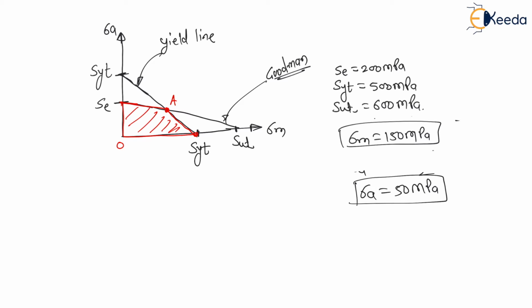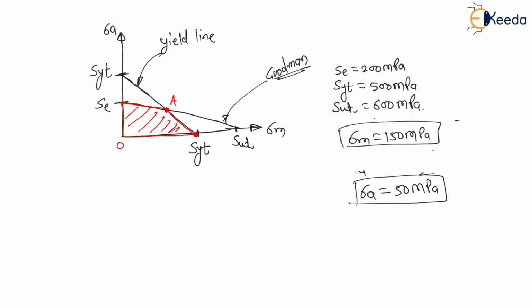Now my dear students, for the modified Goodman region there are two lines: from SE to A there is the Goodman line, and from SYT to A there is the yield line. Therefore we have to find the factor of safety by considering both lines. We find the factor of safety for the Goodman line as well as the yield line, and the minimum value is to be considered as the answer, right?